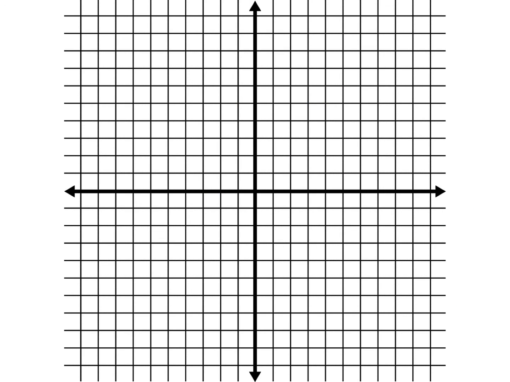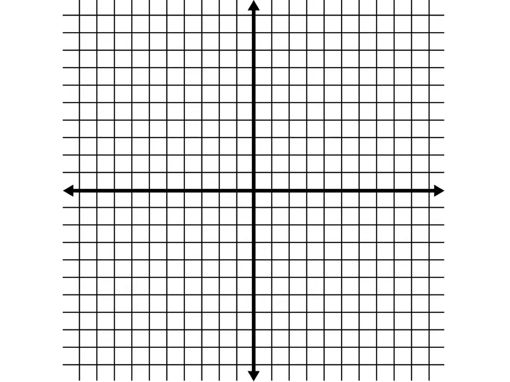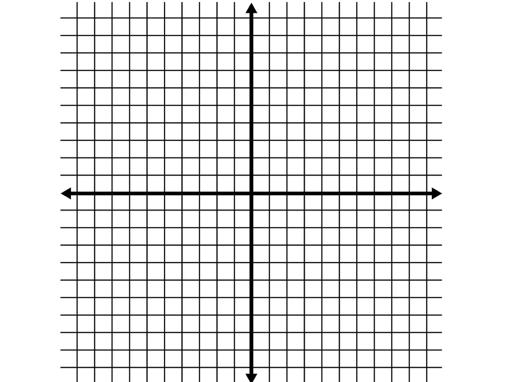Okay, let's take a look at another one. So let's put a dot right here, and let's put a dot right here. And we're going to find the distance between these 2 points. Well, remember what we need to do is we need to draw ourselves a right triangle.